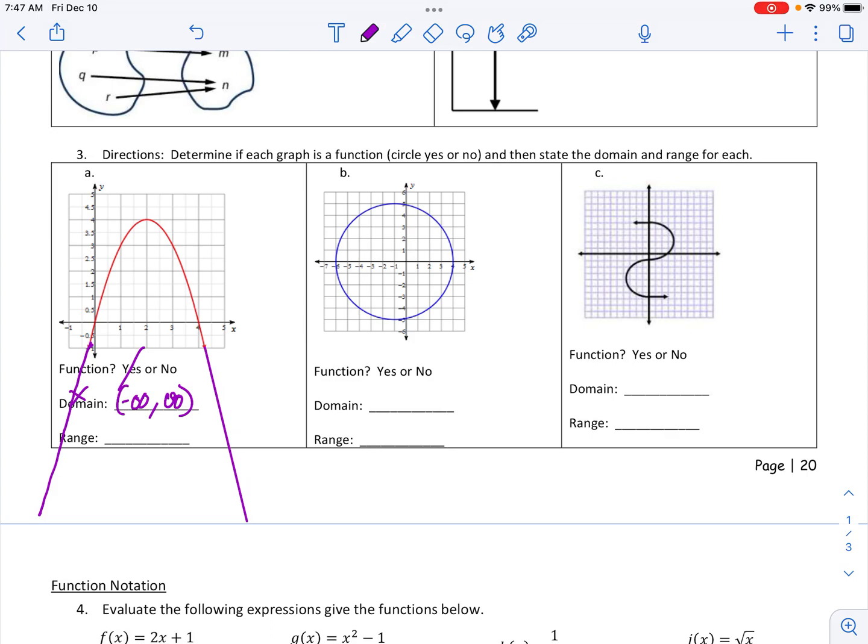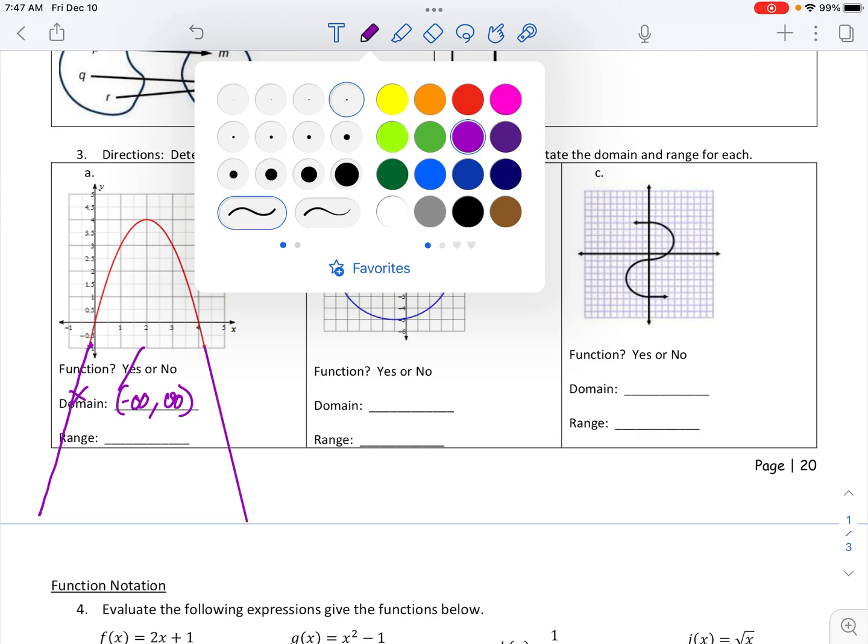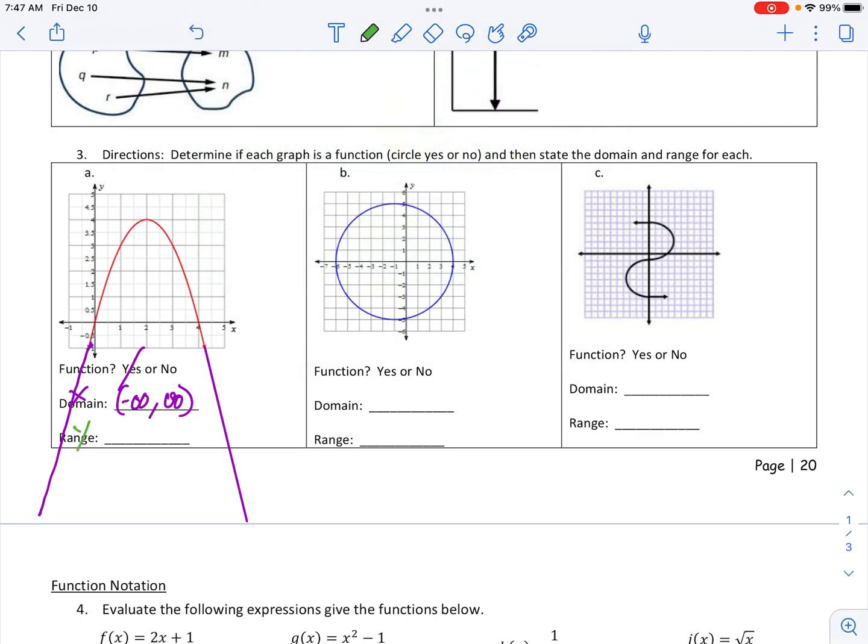Now the range is y values, and I like to say bottoms up here because we are looking from the bottom up. This graph is starting way down here at negative infinity. And as my eyes start to go up, my graph continues to go up from negative infinity all the way up to, and then it stops. And what I like to say is I hit a ceiling right up here at a y value of 4.